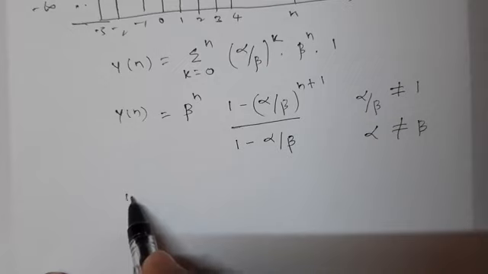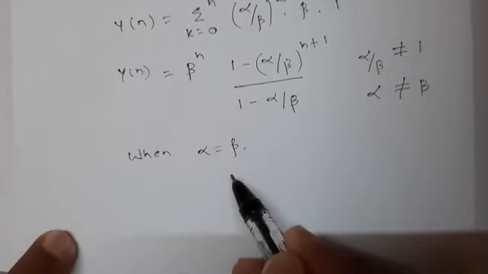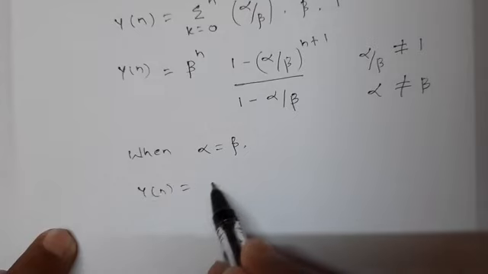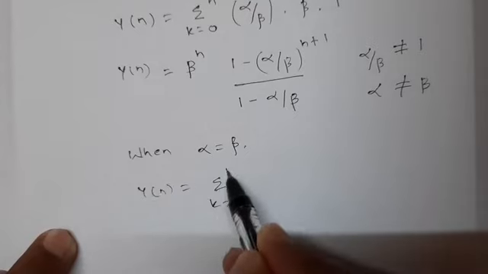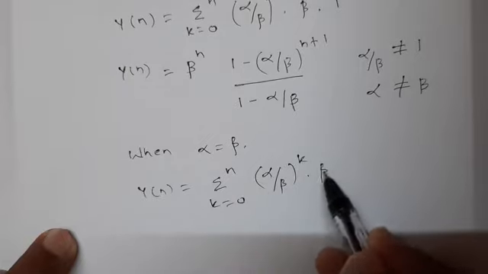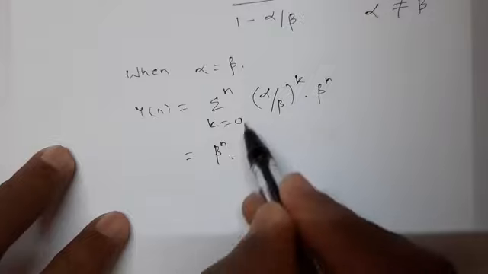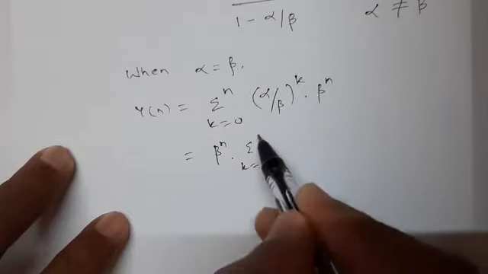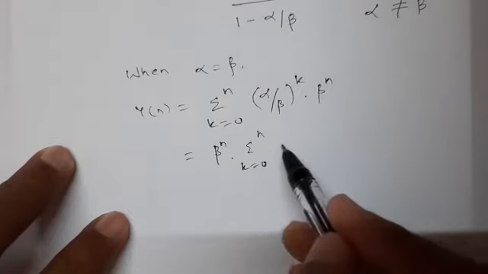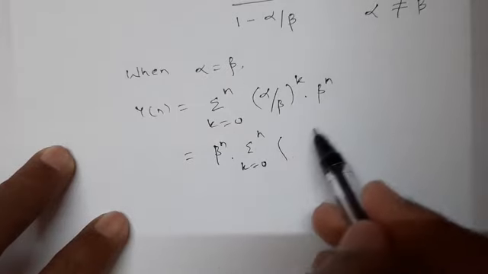So when alpha equal to beta, y of n is equal to summation k equal to 0 to n of alpha by beta to the power k, times beta to the power n. Beta to the power n summation k equal to 0 to n, where alpha is equal to beta.